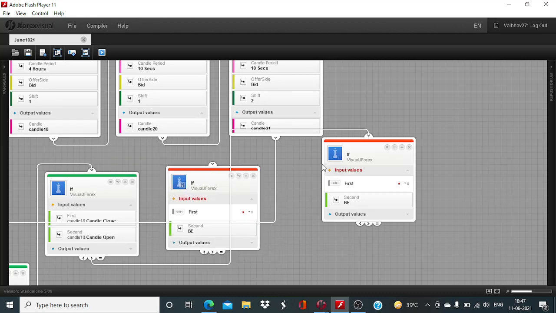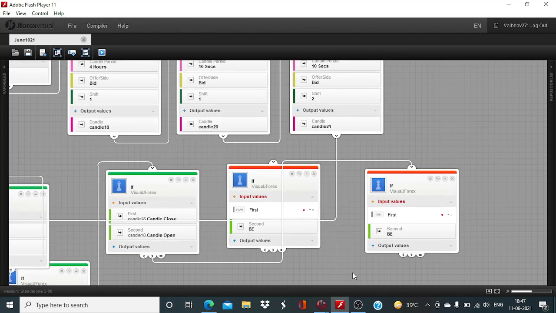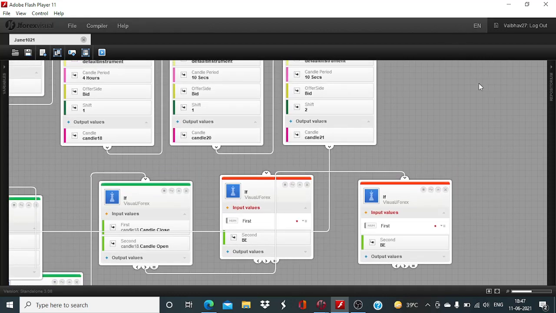Candle 20 and candle 21's closing needs to be compared with BE, and candle 20 has the look back rate of 1.